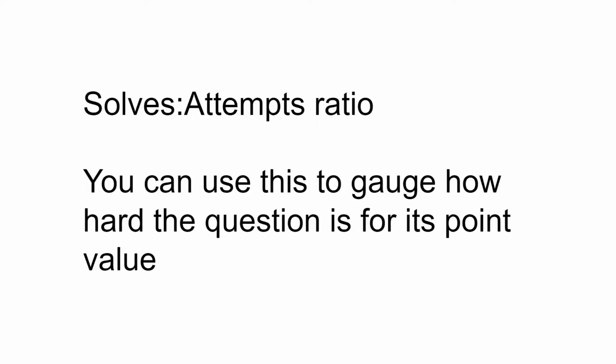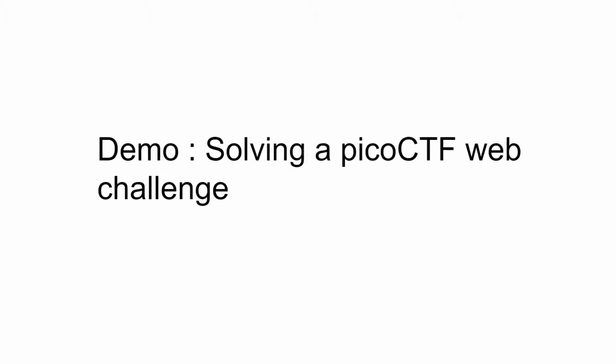That means not a lot of people have solved that, and not even a lot of people have attempted that. Whereas for a 100-point challenge, there have been like 12,000 solves and 16,000 attempts. So you know that challenge is most likely very difficult, and you can know what numbers you can usually solve. Maybe I can usually solve a challenge with X many solves, and you can use that at your own discretion.